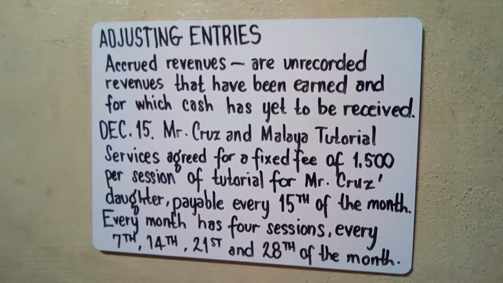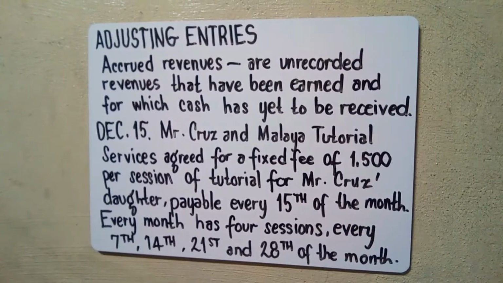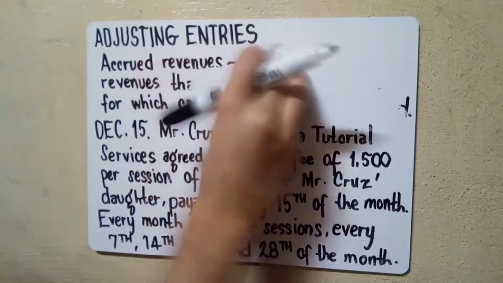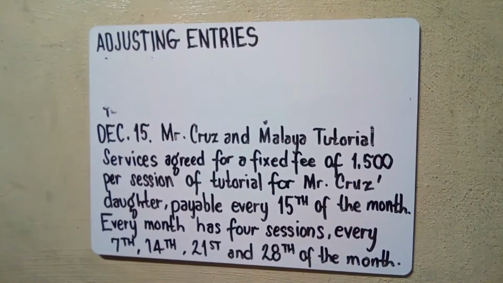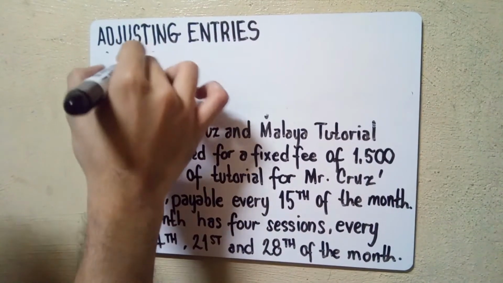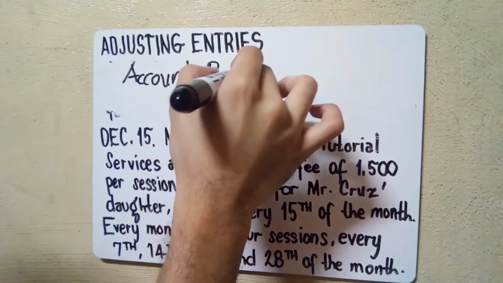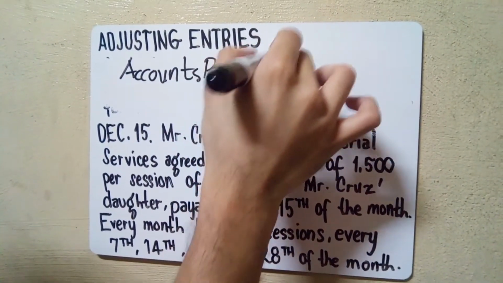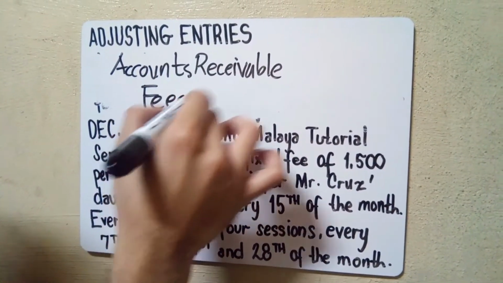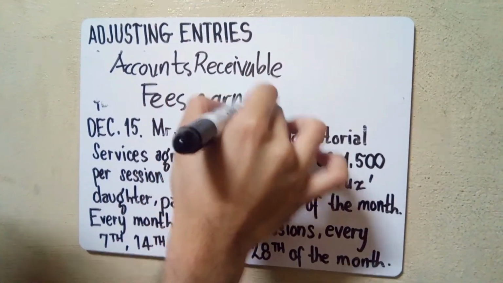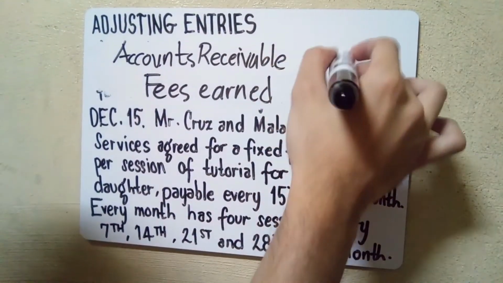To record the transaction on the part of Malaya Tutorial Services, the adjusting entry would be debit to accounts receivable and credit to fees earned, amounting to 3,000 pesos.